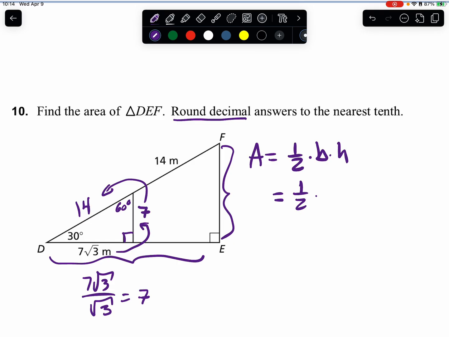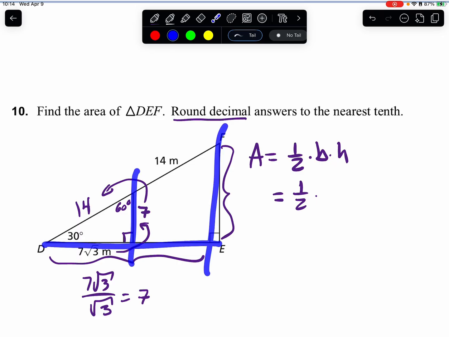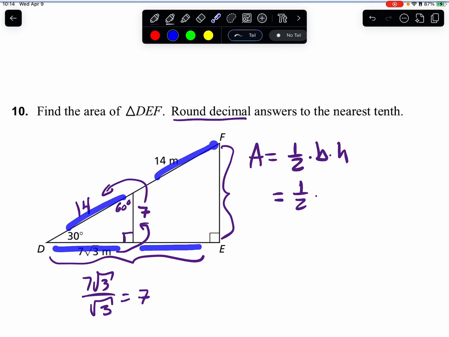All right. I now need to get the full length on the bottom. Do you remember from last chapter 8? If I have two parallel lines and I have these transversals, these pieces are broken up into proportional pieces. So notice 14, 14.